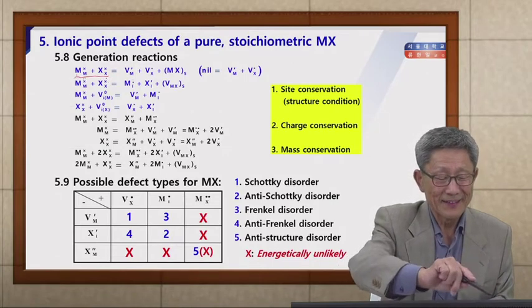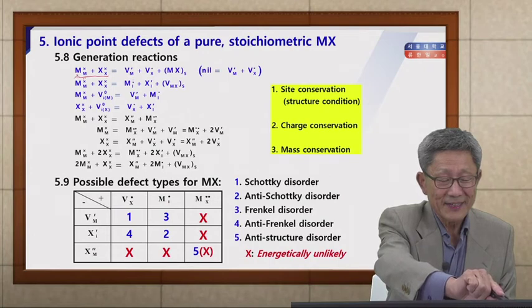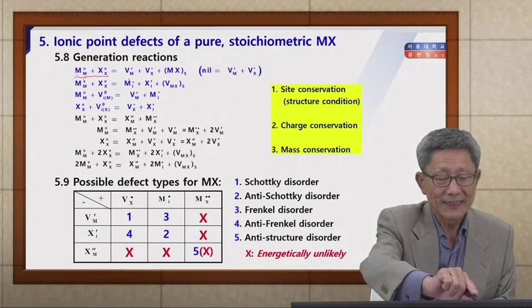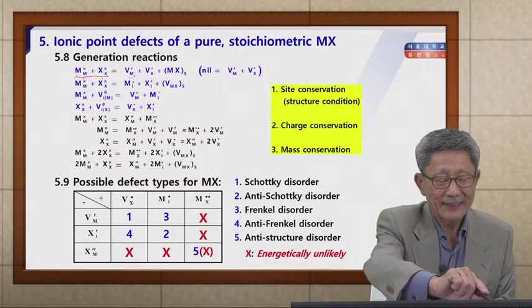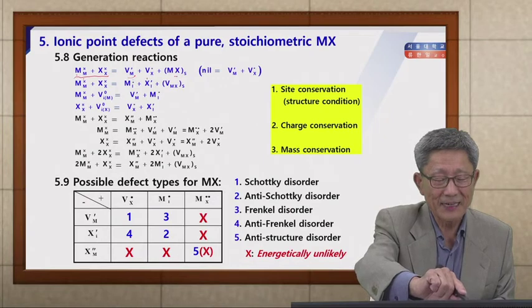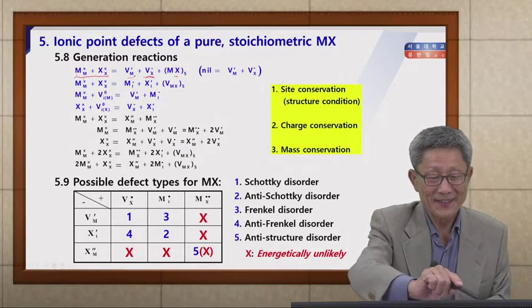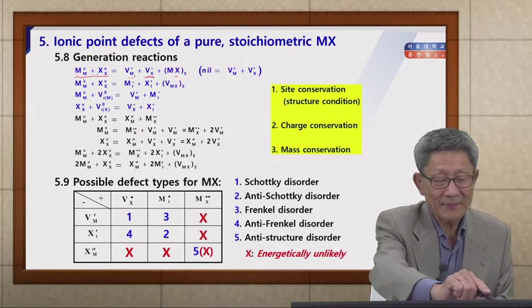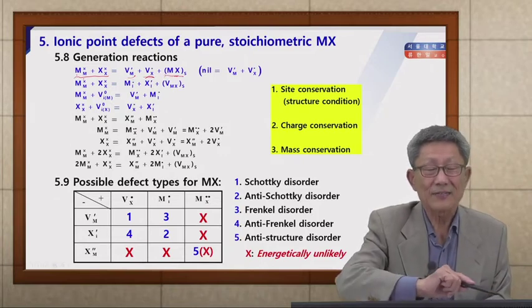You see, now this M cation moves to the surface, leaving behind a cation vacancy, and X anion moves to the surface, leaving behind an anion vacancy with the effective charge of +1.